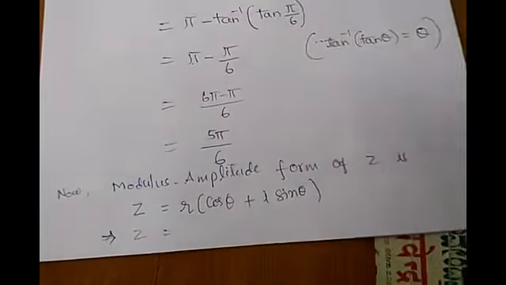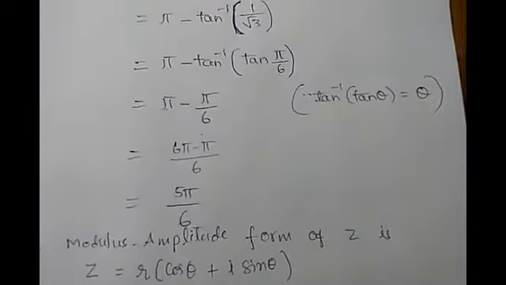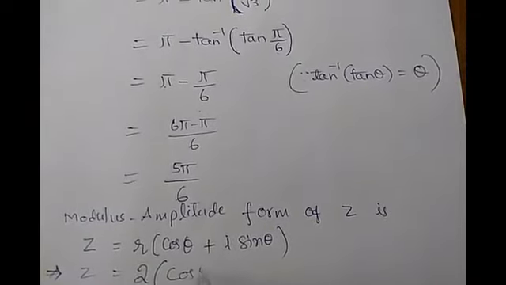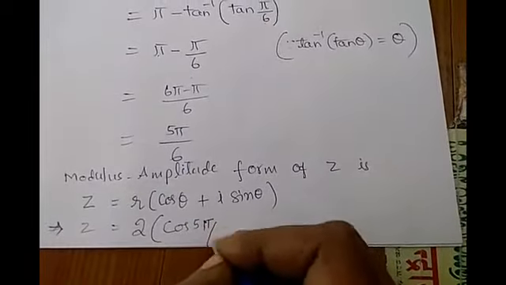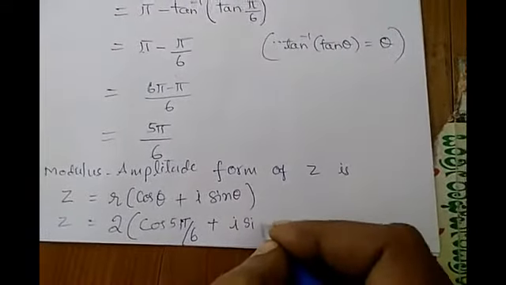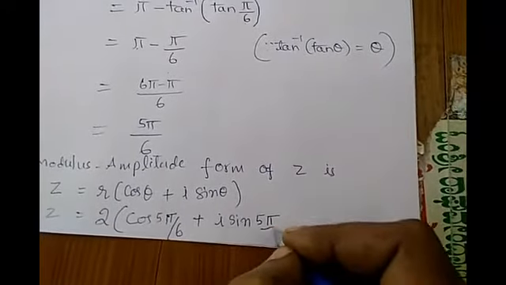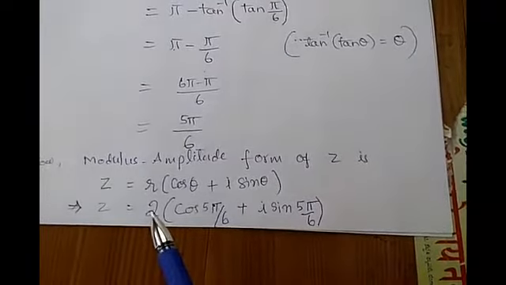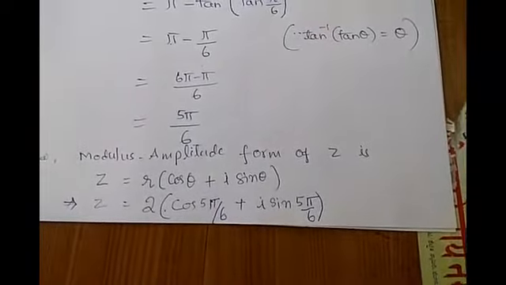R equal to 2. So 2 into cos of 5 pi by 6 plus i sin 5 pi by 6. This is the required modulus amplitude form of the given complex number.